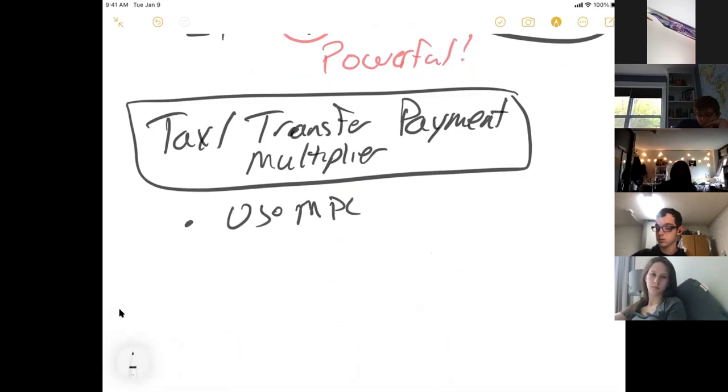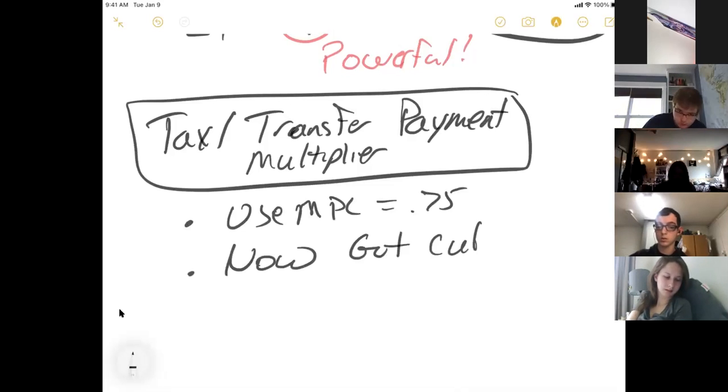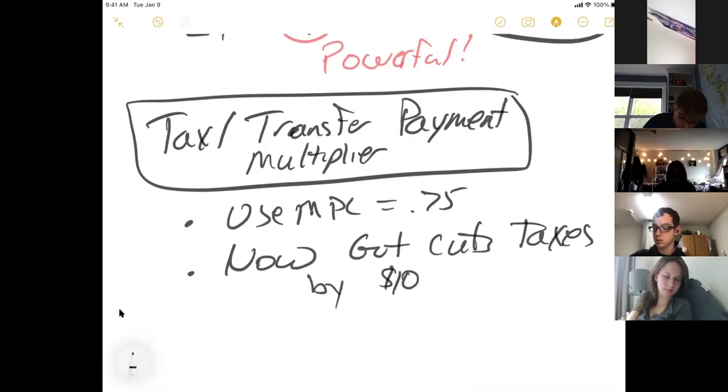So let's do that same example where the marginal propensity to consume is 0.75 again. But now the government cuts taxes by 100 billion.